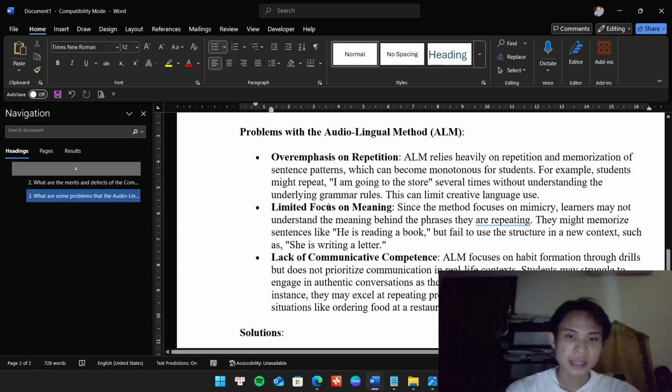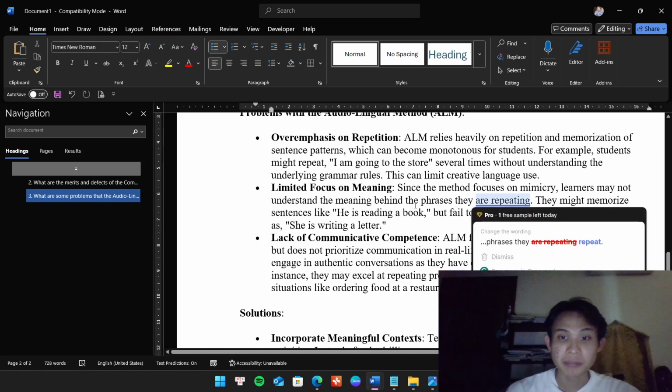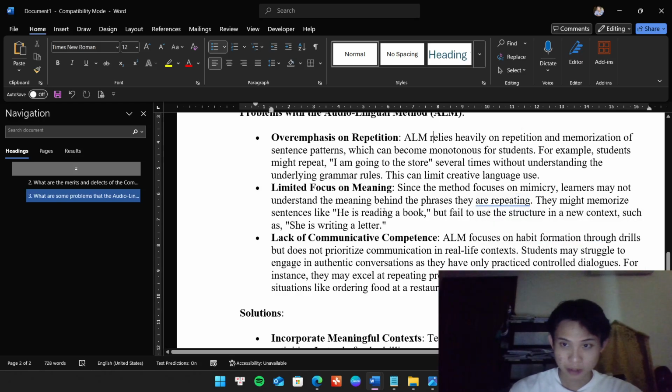Another thing is the limited focus on meaning. Since the method focuses on mimicry, learners may not understand the true meaning behind the phrases they are repeating.